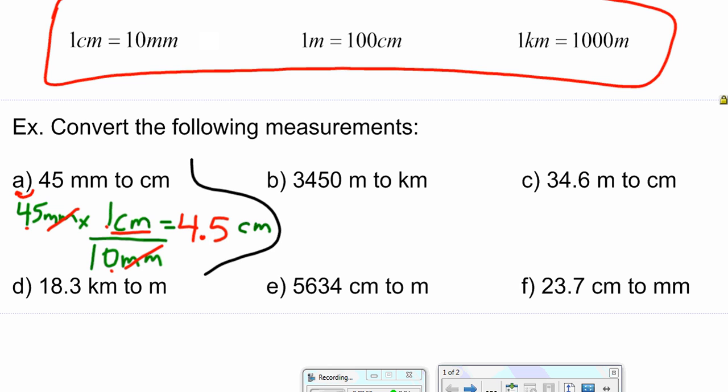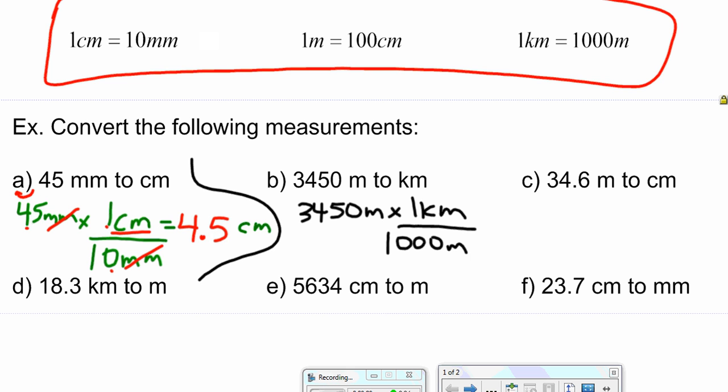We're going to get a few of those. Looking at the second one, now we need to go from meters to kilometers. So again, we're going to set up our ratio in such a way that the meters will cancel out and we get left with kilometers, the unit that we are interested in. So the ratio is 1 kilometer is the same as 1,000 meters. So kilometers goes on top and 1,000 meters goes on the bottom.